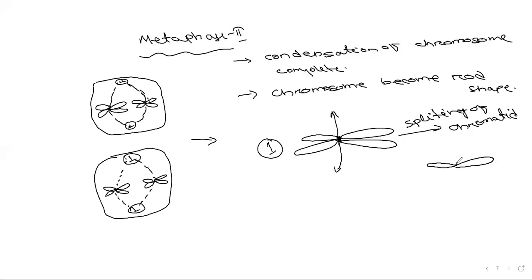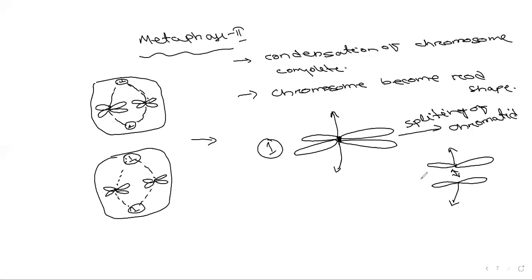Both these chromatids will separate, and this will move towards this, and this will move towards this when the spindle fibers pull these chromosomes. So this is the splitting of the chromatids at metaphase 2. Okay, at metaphase 2, there will be splitting of the chromatids from the centromere position, right?